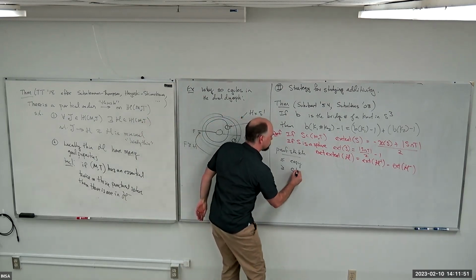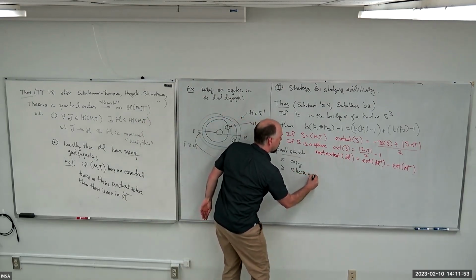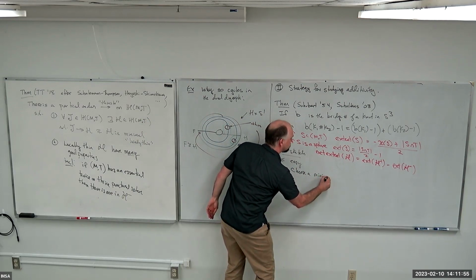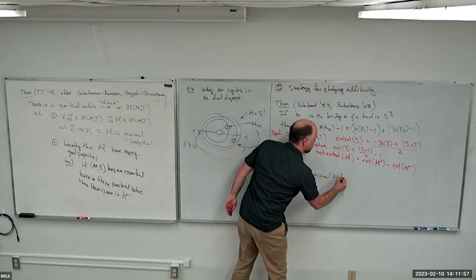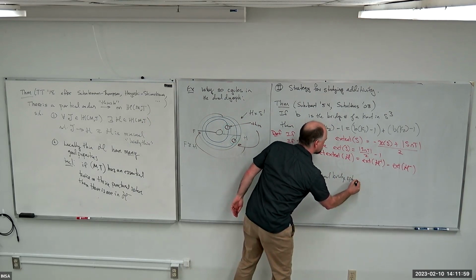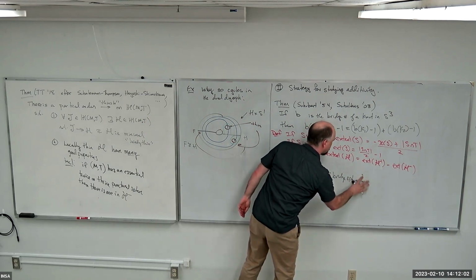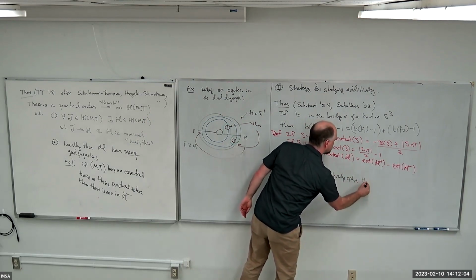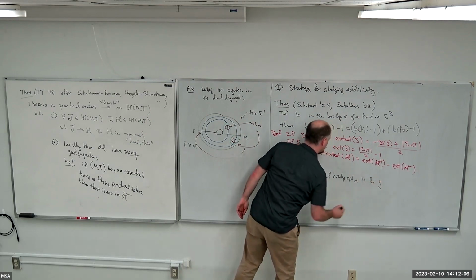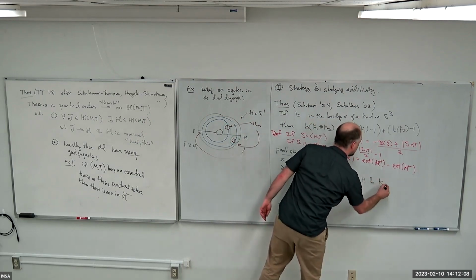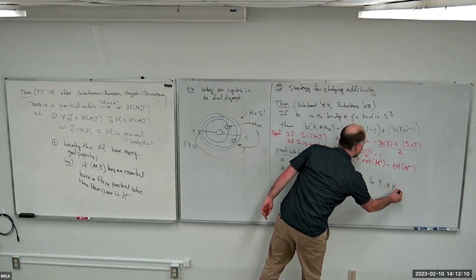So we choose a minimal bridge sphere. Let me call it H for the connected sum.